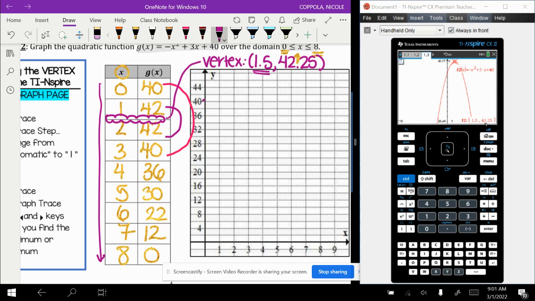So when I go ahead and I plot these points, I want to make sure I've got 0, 40, 1, 42. I'm going to make sure I grab that 1.5, 42.25, because the vertex is really one of the most important spots on the graph. And I can continue to graph my points here.